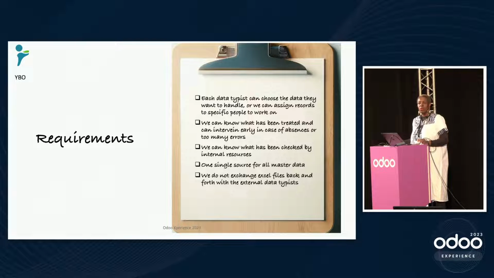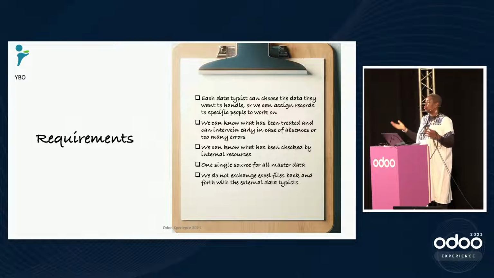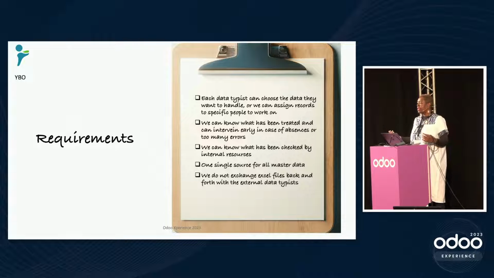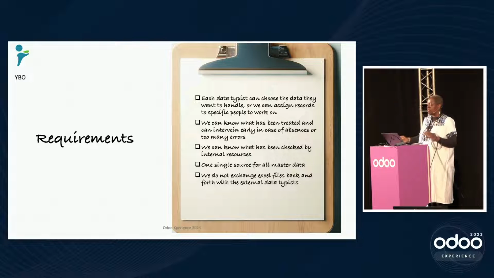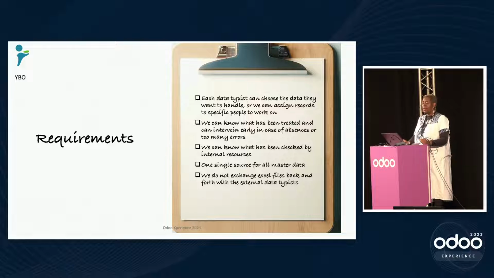And I also needed to make sure that everybody works on their own record and not on somebody else's record, because at the beginning we had this problem. People were not working on their own assigned records, but were working on anything. So I had this list of requirements, and I thought about it and said, okay, let's do it with Odoo Studio.